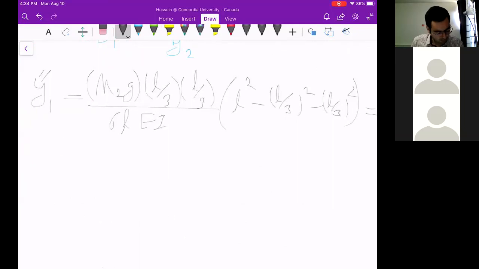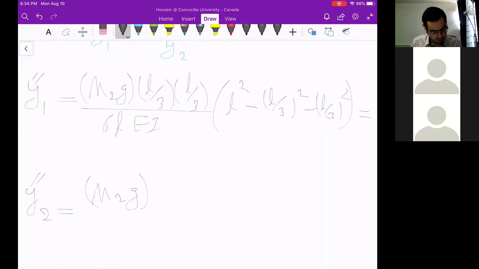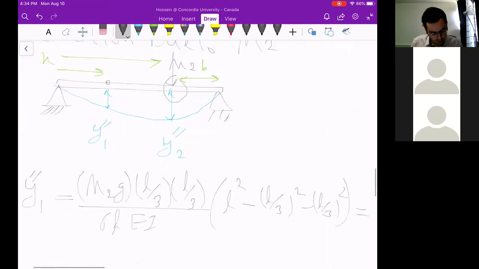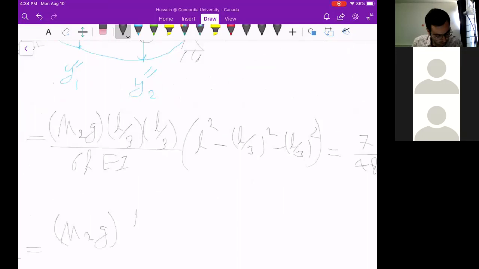So deflection at point 2: W is M2G, B is this length, and X is here 2L over 3. B is L over 3, constant for both.